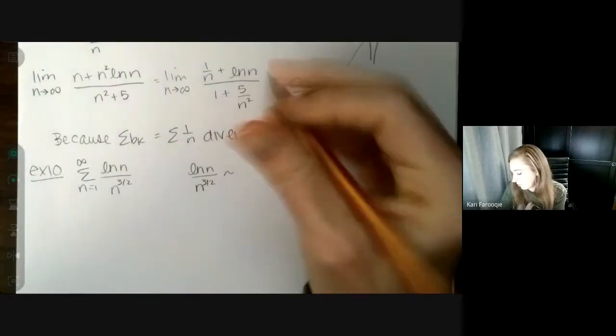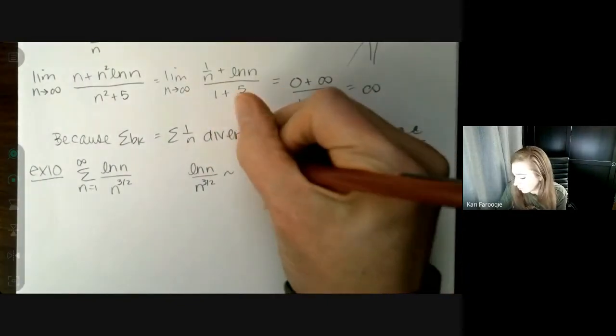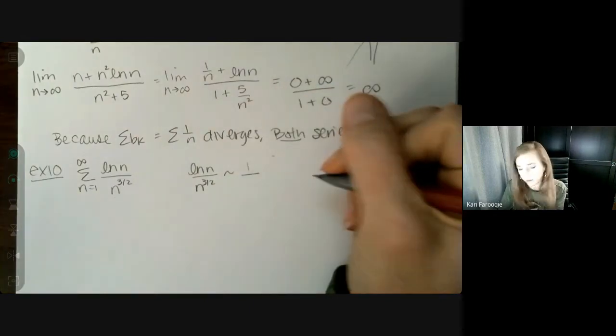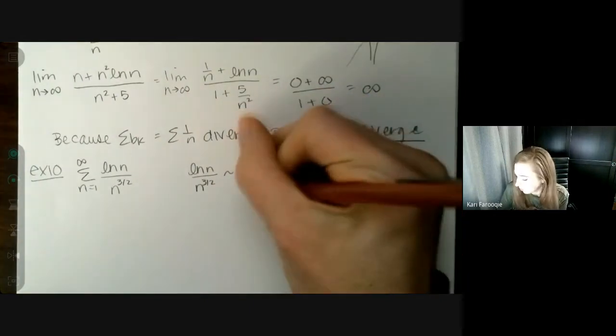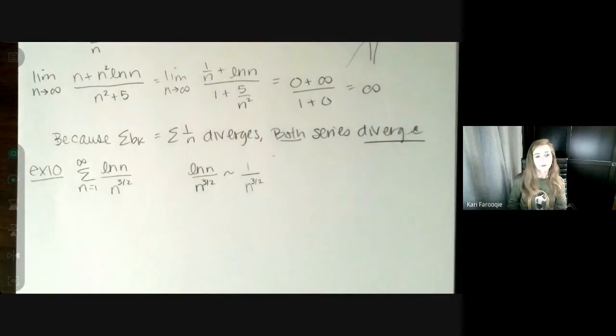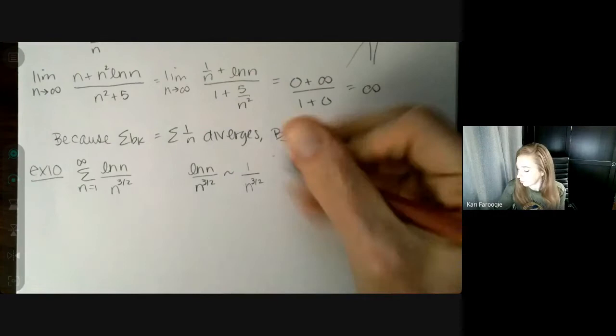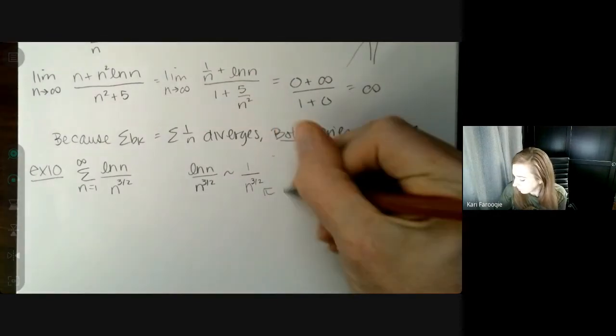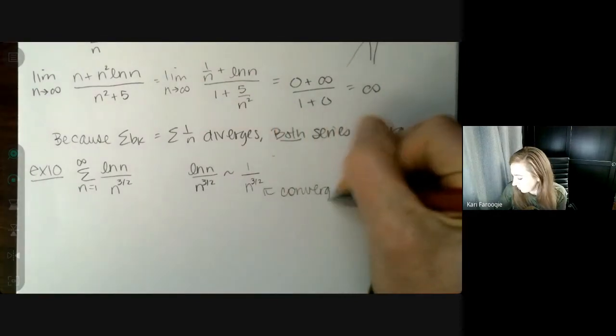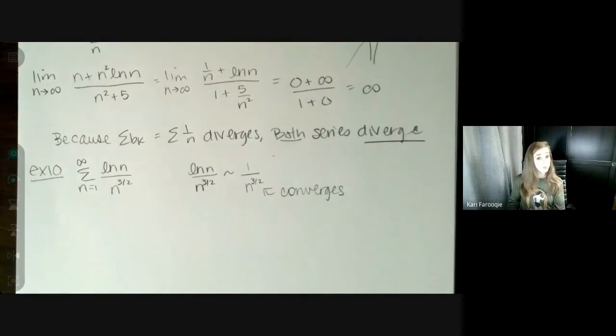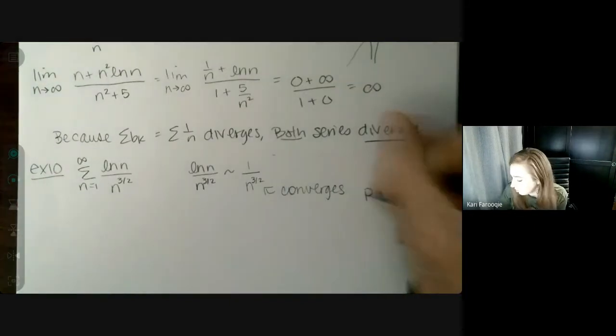Let's say that this behaves similarly to 1, not quite the same, but similarly. And n to the 3/2 stays in the denominator, and we'll use this as our comparison series. And this series converges because it's a p-series where p is greater than 1.